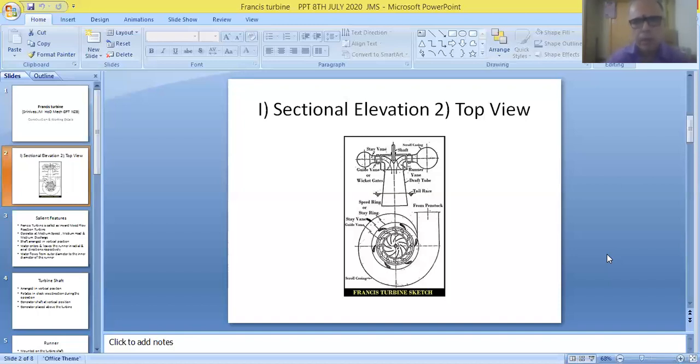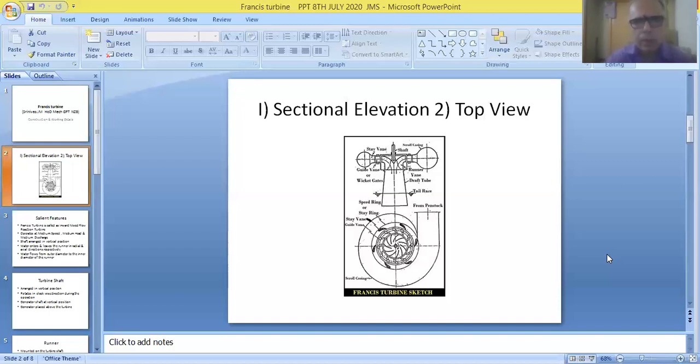And secondly, the shaft of the turbine will be held in vertical position. Therefore, the shaft of the generator must also be arranged in vertical position, so the generator will be placed above the turbine.